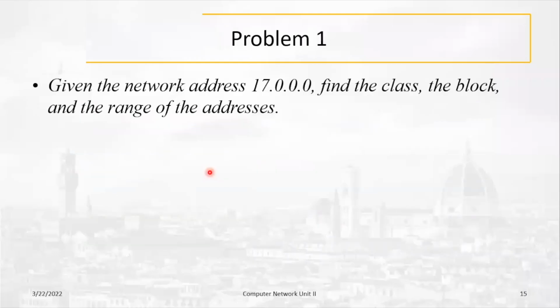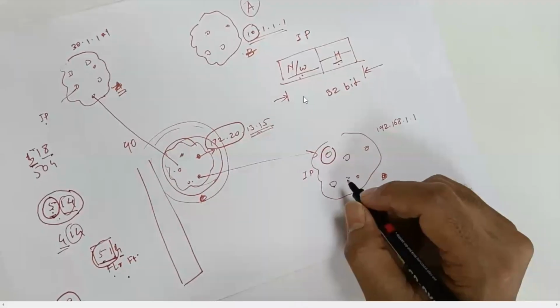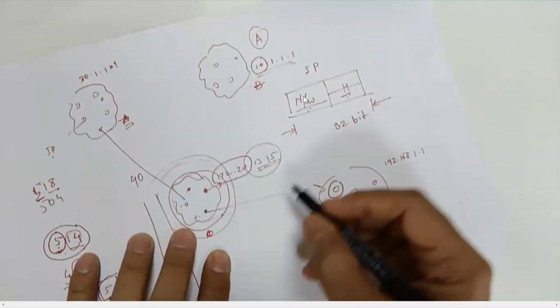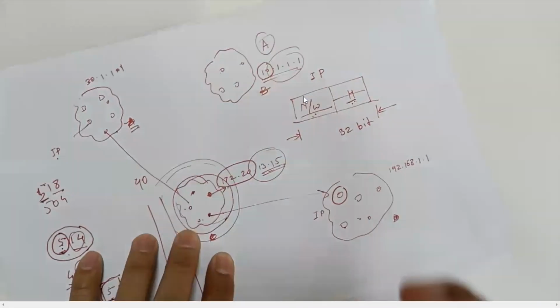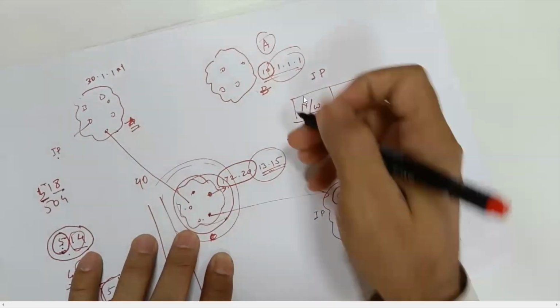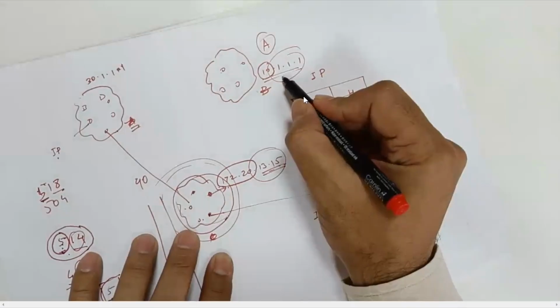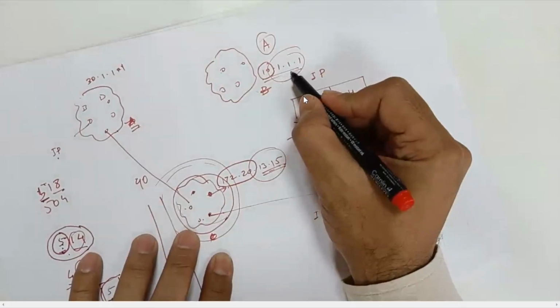We'll go back to the problem here. Given the network address is this one, there is a difference between a network address and an IP address. An IP address will have a particular value in the host part. We are talking about an IP address if the host bits are not 0.